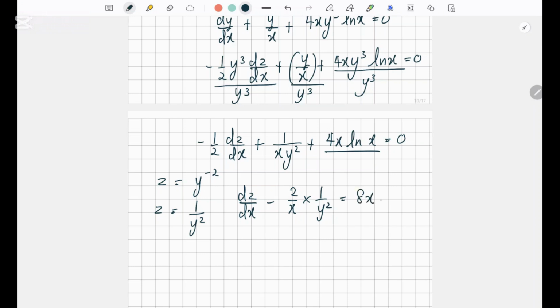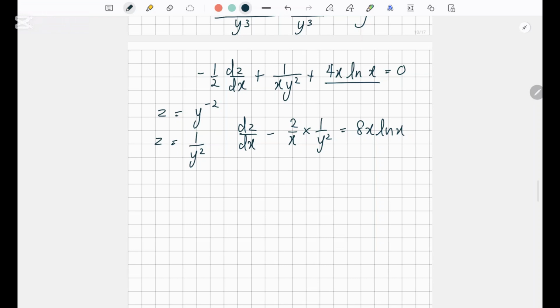So 8x ln x. Now can you see we have 1 over y squared? Now instead of 1 over y squared, we can put in z, right? So it's dz over dx minus 2z over x equals 8x ln x.